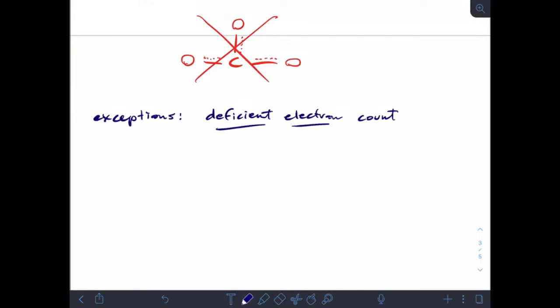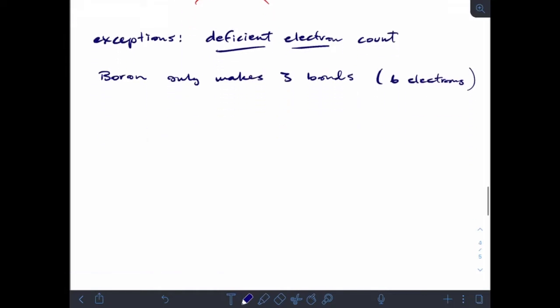And the prime suspect for that one is boron. So boron typically only makes 3 bonds. Okay, in other words, 6 electrons shared. Right, boron is perfectly happy being lower than the octet rule. Right, so a common example of that would be boron trichloride.